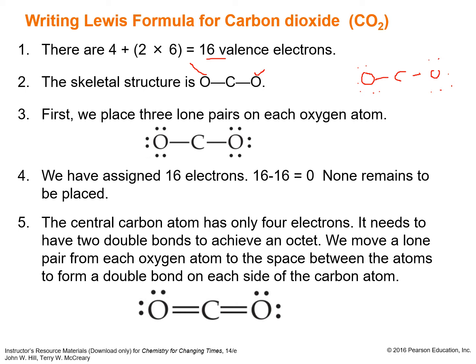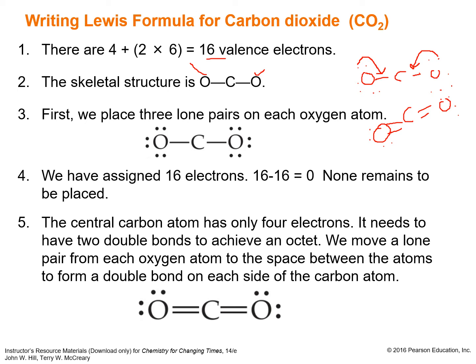But what's the problem here? The carbon does not have an octet. So what we do is we can bring the lone pair of electrons here, the lone pair of electrons here, and then we can show it as a double bond, with oxygen, and then remaining electrons 1, 2, 3, 4, and here 1, 2, 3, 4.